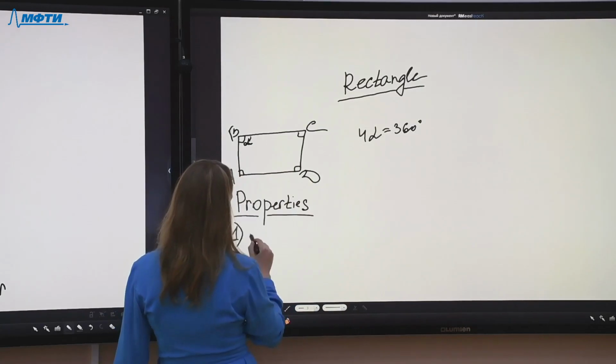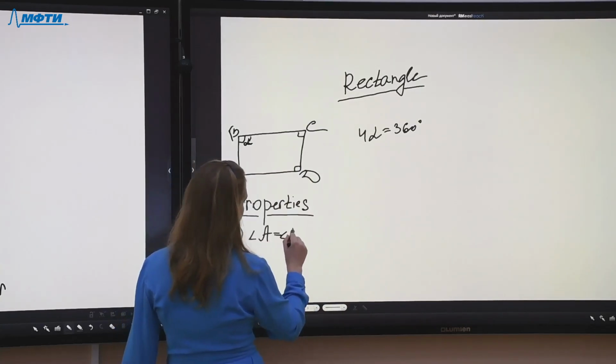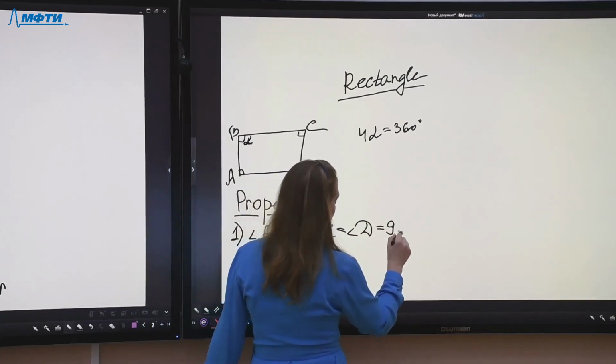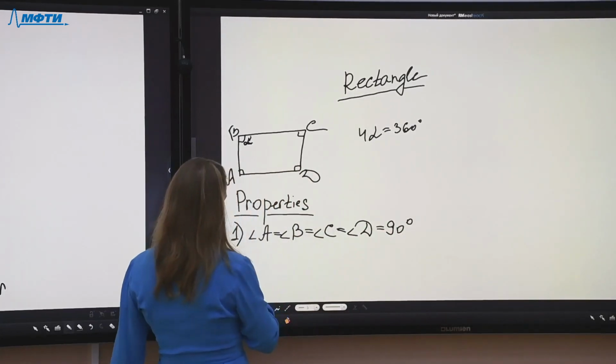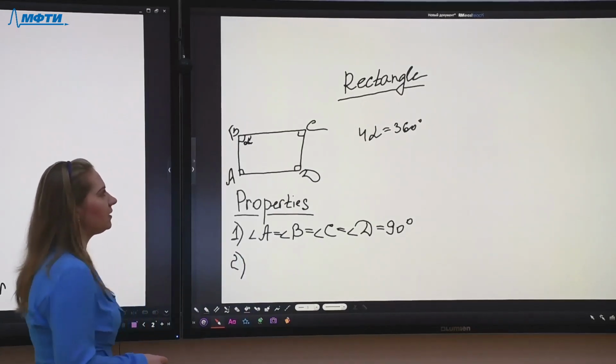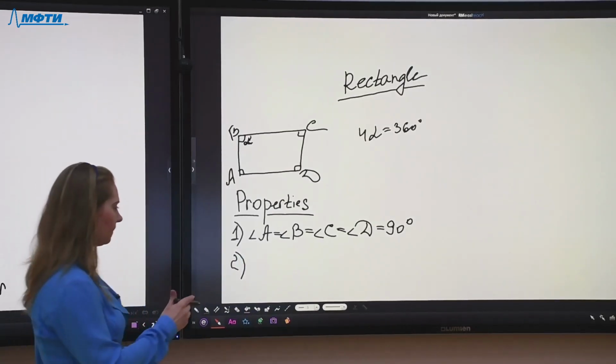The first property is that angle A, angle B, angle C, and angle D are 90 degrees. And the second property is that diagonals of a rectangle are equal.